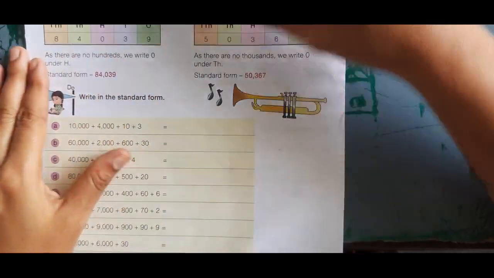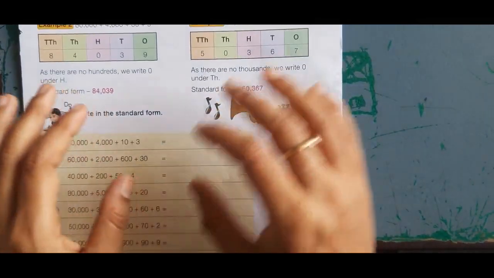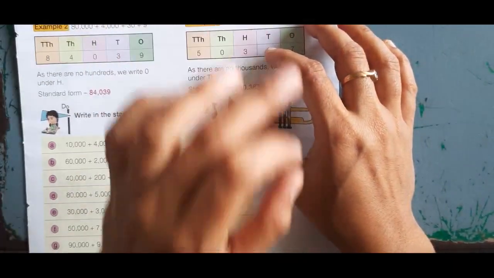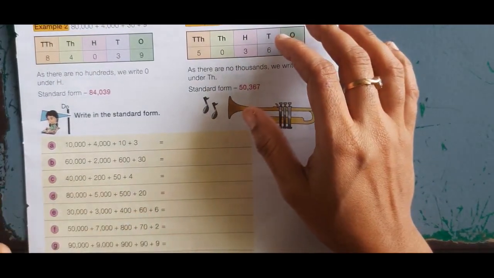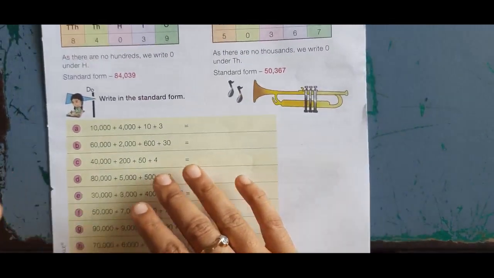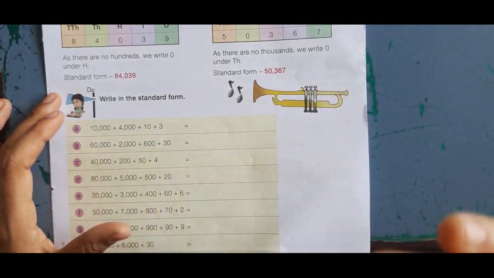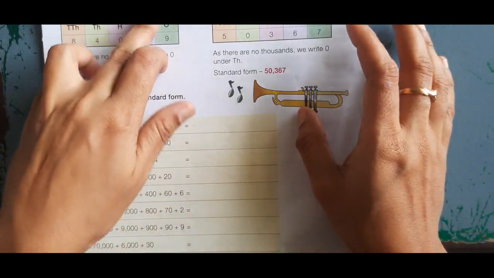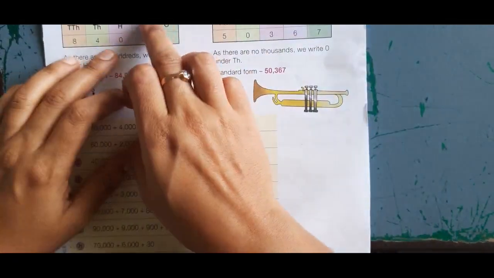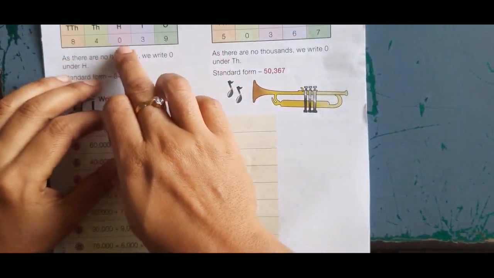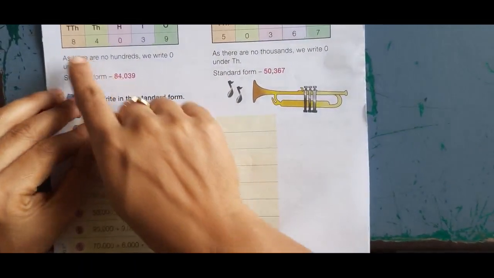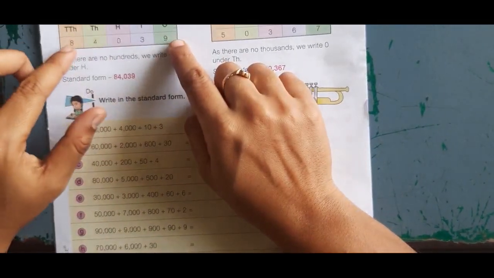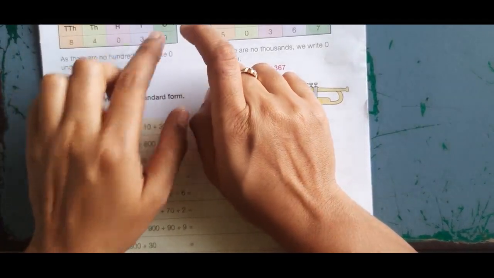We should not exclude it. While writing expanded form we can exclude, but in standard form it is compulsory to mention the missing place value. Hundreds place was not given, so we inserted 0. Thus the standard form becomes 84,039.